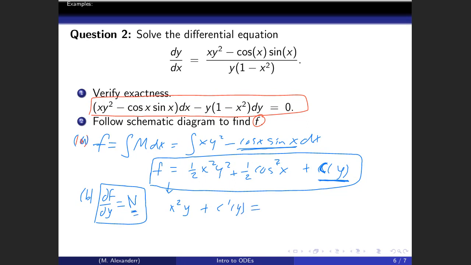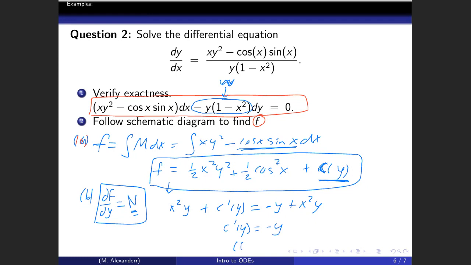So we're going to make this equal to the N function, and that turned out to be negative y plus x squared y. Okay, so that's our N function on the very top. So we can cancel out the x squared y, and so that means that the c prime of y is equal to negative y.